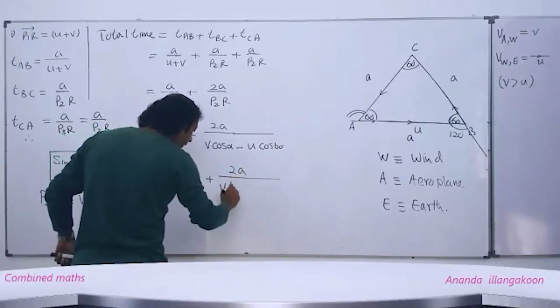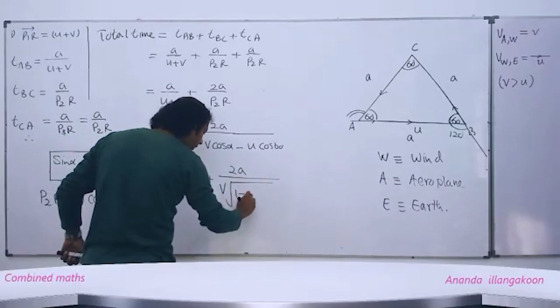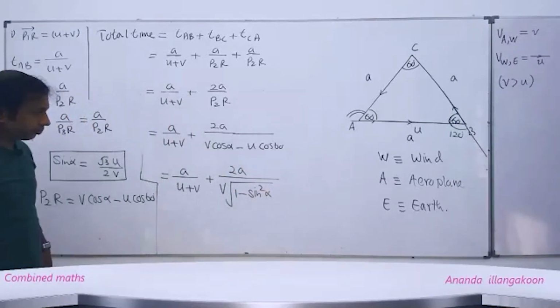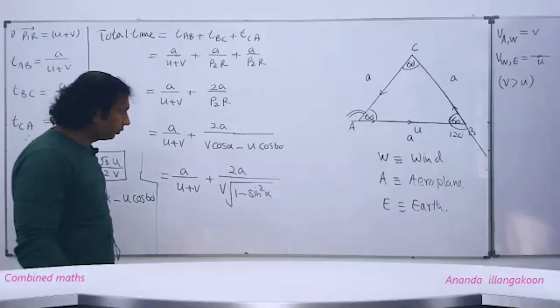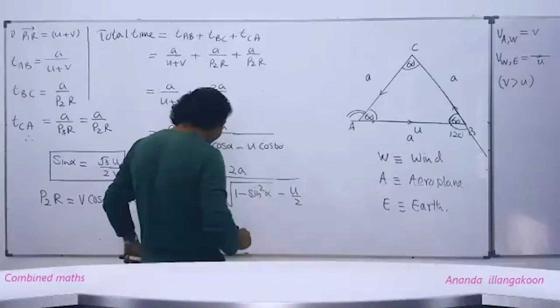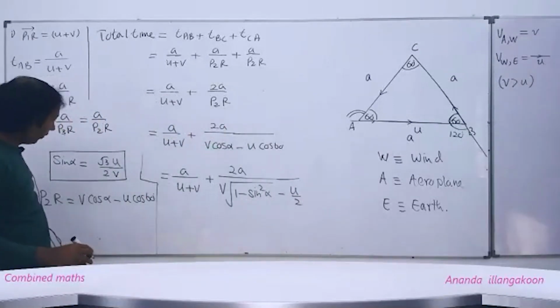For cos alpha, you can write it as root of 1 minus sin squared alpha. Cos 60 is half. Sin alpha is this answer.